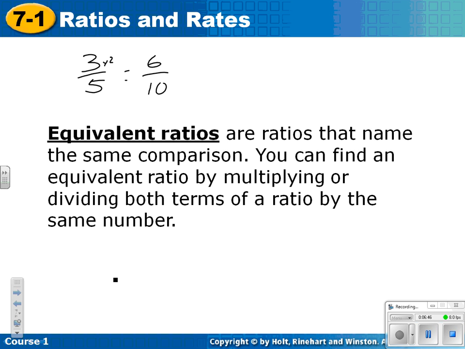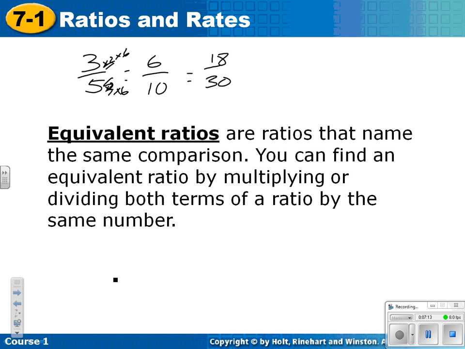So times 2, times 2. Give me another one. 18/30. What you could have done there is multiply this by 6. So times 6, times 6, and we end up with 18/30. And so on. As long as you multiply top and bottom by the same number, it's equivalent.